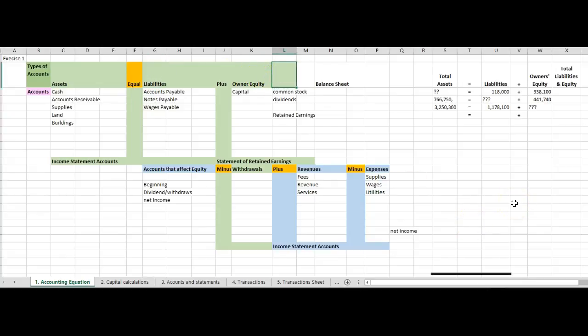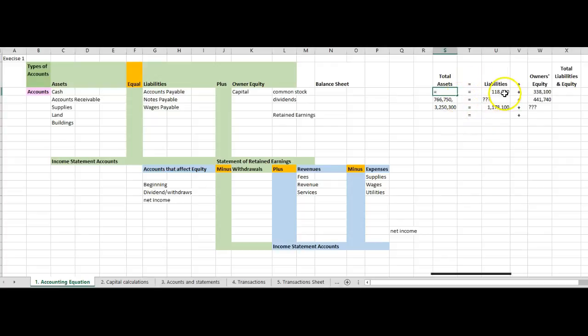As a demonstration of that, let's look at a couple of equations that are missing numbers. Total assets equal liabilities plus owner's equity. If my liabilities are $118,000 and my owner's equity is $338,100, what are my total assets? If you look at the equation, this is like 2 plus 2 equals 4, right?